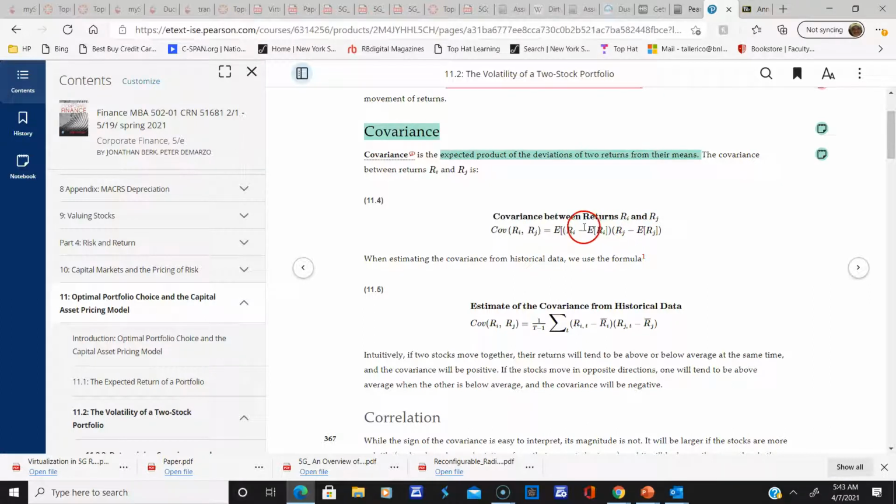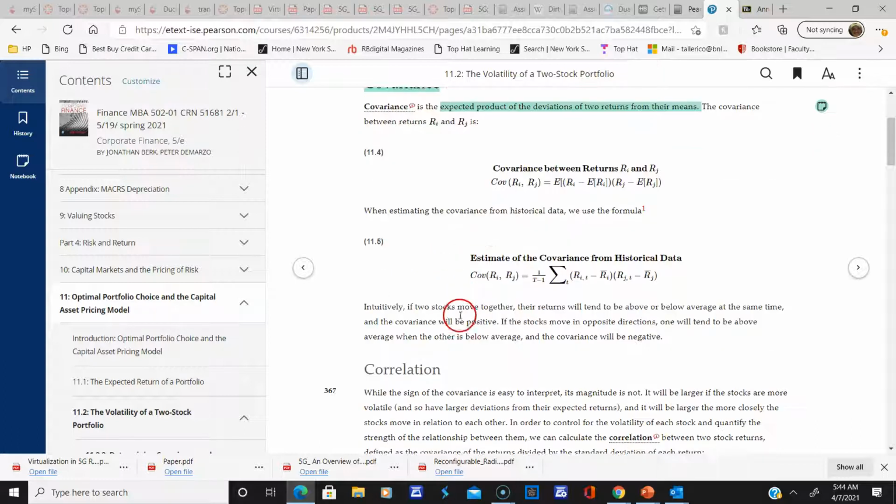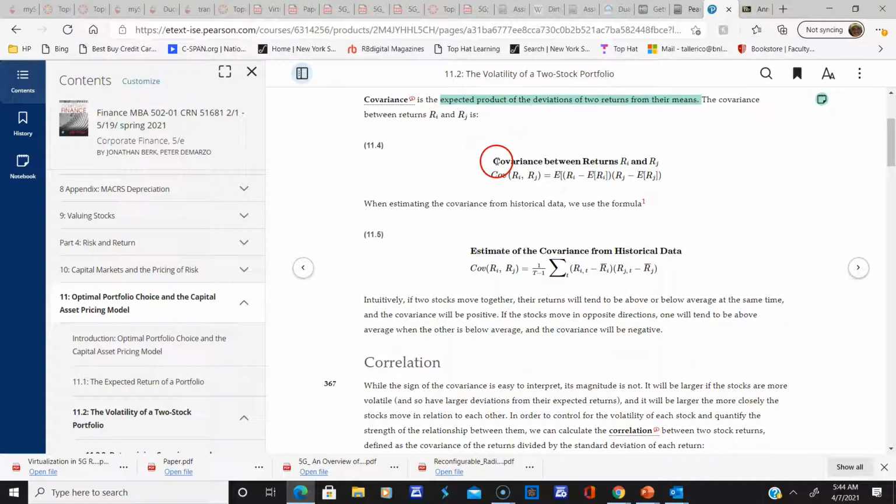Now, this is the covariance between two returns here. When estimating the covariance from historical data, we're going to use a different formula. So there are two formulas.